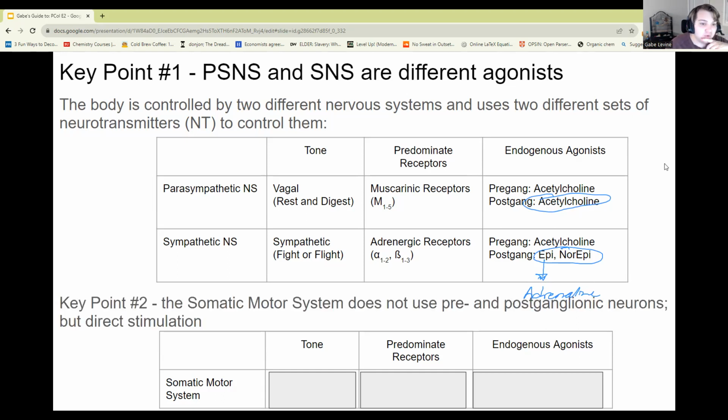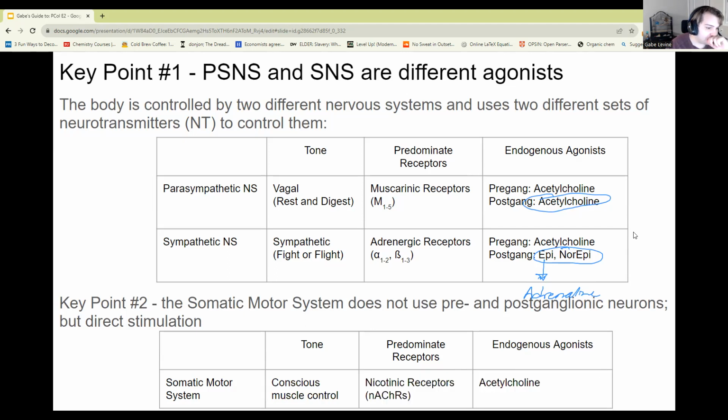The somatic motor system, so we're talking skeletal muscle, doesn't use pre and post ganglionic neurons. It uses direct stimulation. So what it's doing is it's releasing the acetylcholine directly onto the neuromuscular junction.